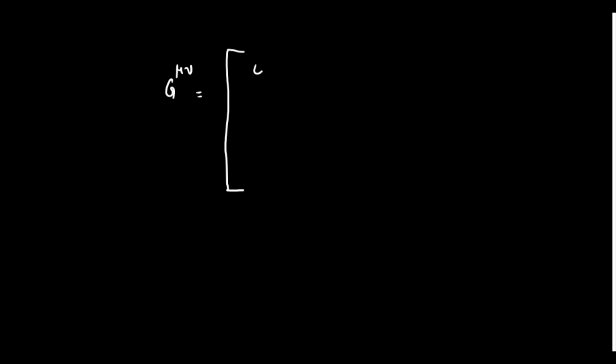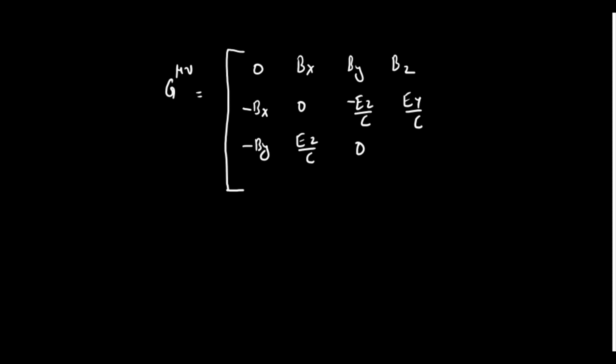G mu nu equal to, you have a 0 bx by bz, minus bx 0 minus ez by c ey by c, minus by ez by c 0 and minus ex over c and minus bz minus ey over c ex over c and 0.